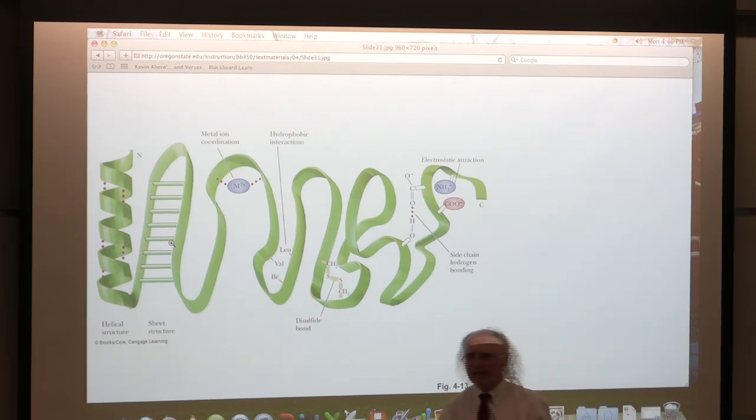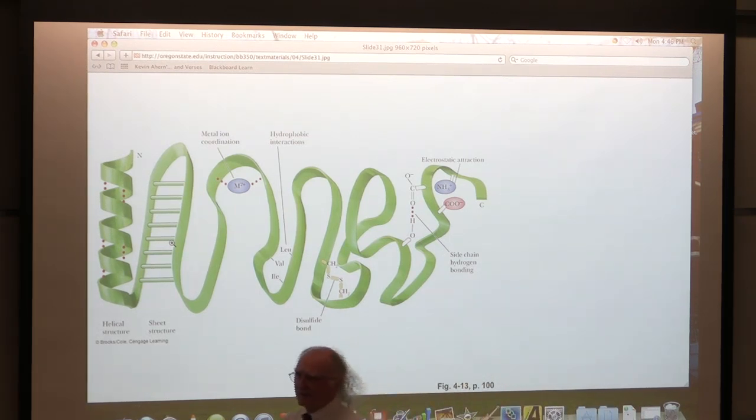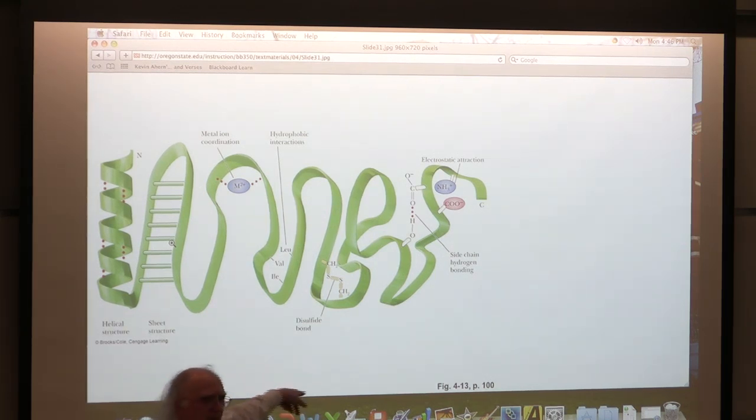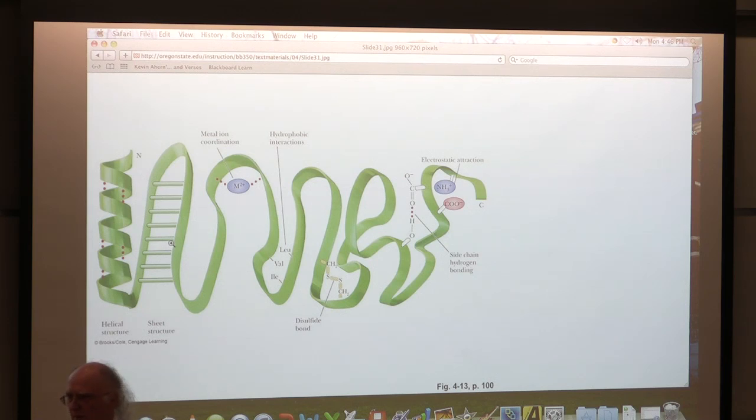Now, here's the real kicker with that. And this is kind of cool. Proteins fold to make this. You can see the folding that's happened to get to this point. Proteins that are dissolved in water will fold themselves so that the hydrophobic amino acids are on the inside of the protein and the hydrophilic ones are on the outside of the protein.